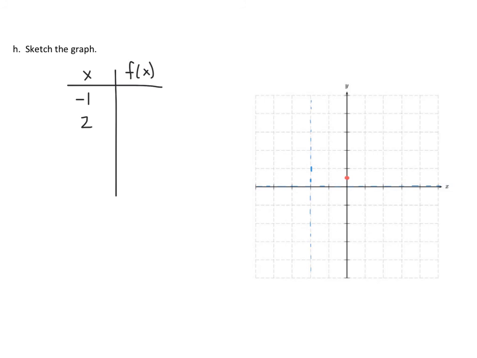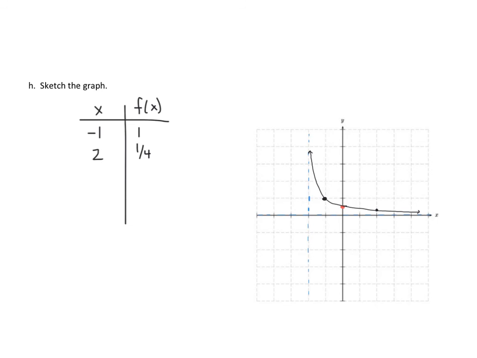If we plug a negative 1 into our original function, we get 1 as a function value. If we plug a positive 2 into our function, we get 1/4. So let's plot those points on our graph and then connect them to graph the right side, keeping in mind that our function is decreasing and concave up. So there's part of our graph.